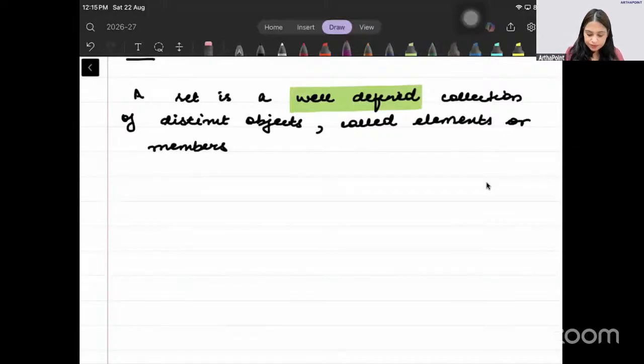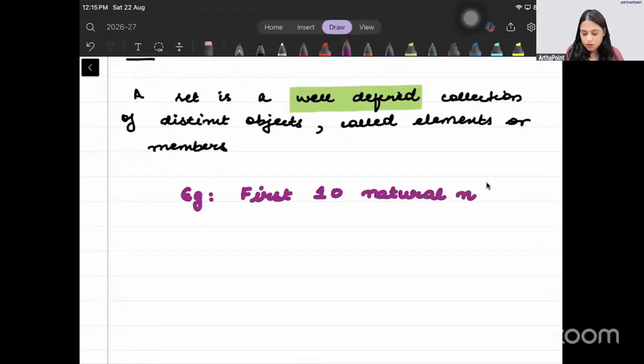So for example, if I say, give me the first 10 natural numbers, then this is well defined. You can tell what the first 10 natural numbers are, right? So that becomes a set. For you and for me, the answer will be the same.